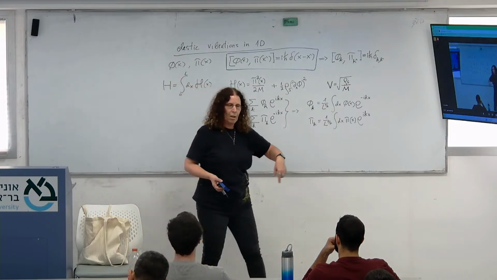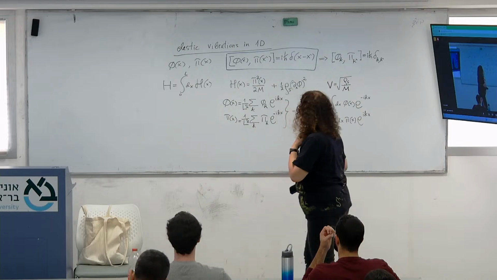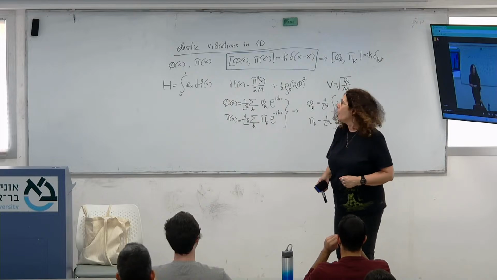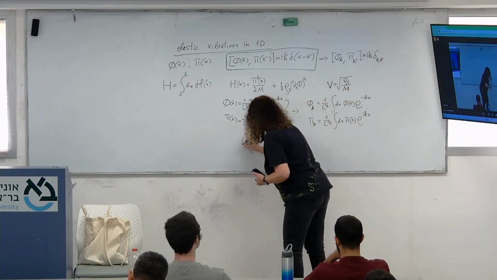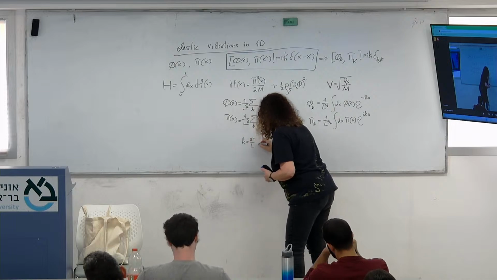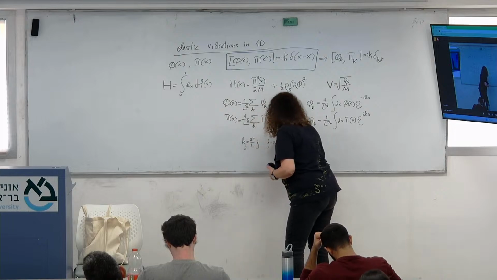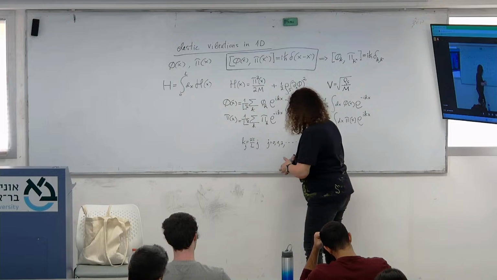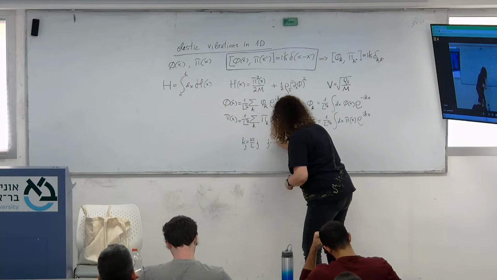If you think of this chain to be on a ring, in a closed loop, then you have to identify 0 with L, and that's a periodic boundary condition, in which case the allowed values of k are 2 pi over L times an integer. Actually, sorry, it can be also negative, so integer.